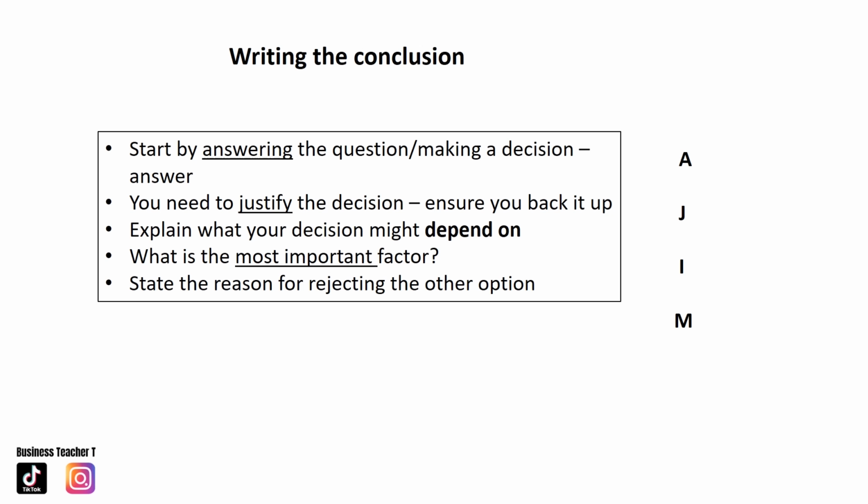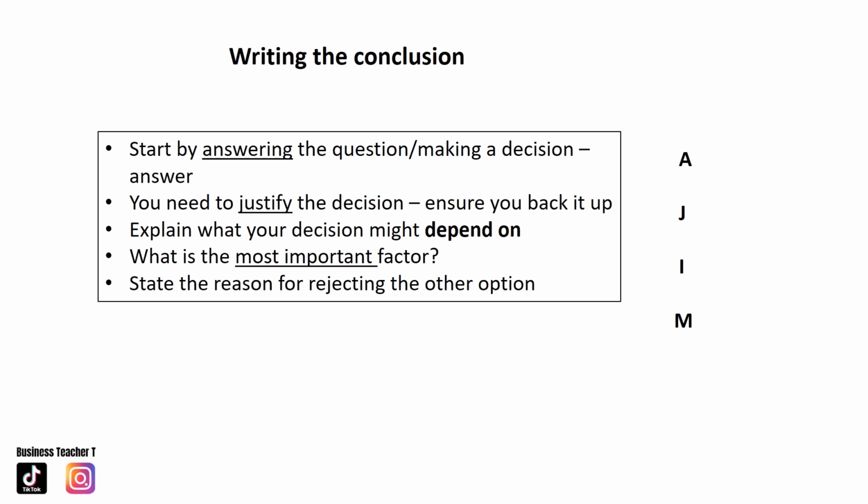Conclusions are very important when answering justify questions, as they can consolidate analysis and make justifications that allow evaluation to be shown. When writing your conclusion, you could apply the following acronym, AJIM. A is for answering the question, making a decision. The J is for justifying, so you need to justify your decision, so ensure you back it up.